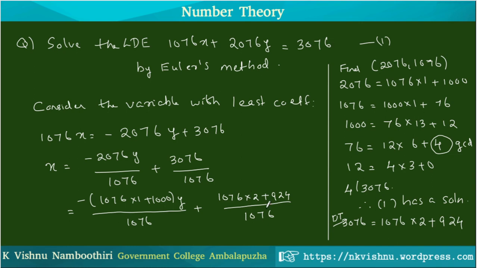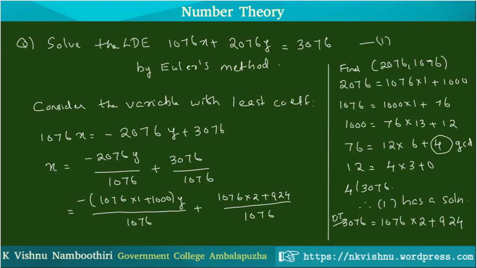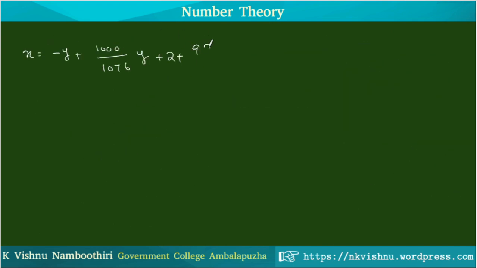Not just that, 1076 into 2 by 1076, therefore this is 2 plus what is the remainder, 924 by 1076. Now minus y is an integer, 2 is an integer, x is also an integer because we know that there exists a solution for the given LDE. Therefore 1000 by 1076y plus 924 by 1076 must be an integer.